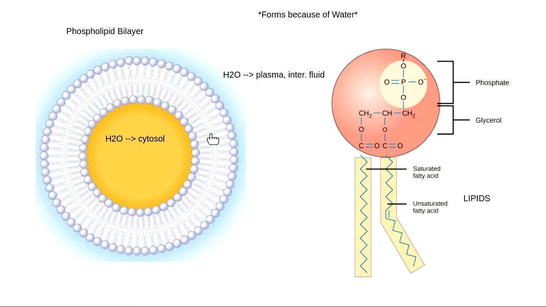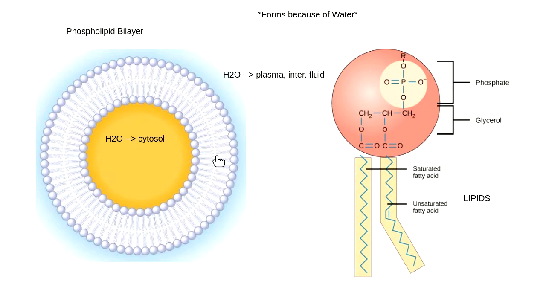And the fact that there's no water in here is part of why, in relation to the question that I think Miriam asked, sodium and chloride and potassium don't just go inside and outside as much as they want to, because this area right here where there's no water says, you shall not pass. You're not going to get past me. I'm going to regulate what comes in and out.